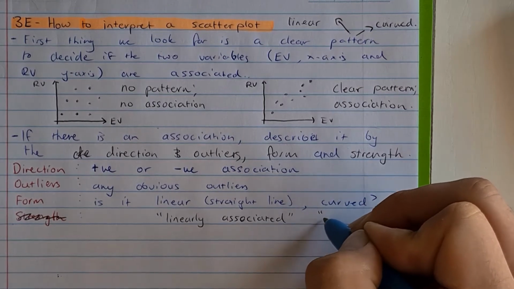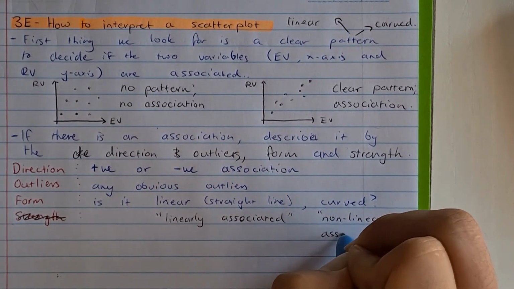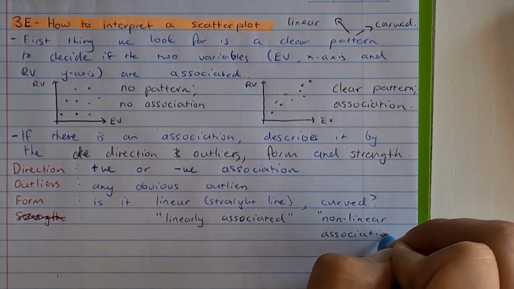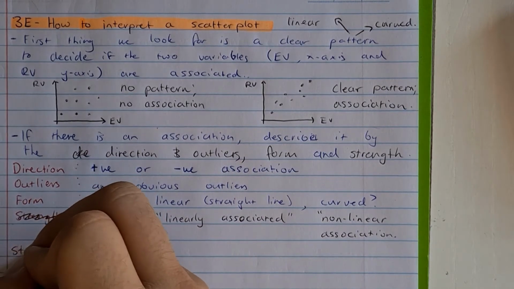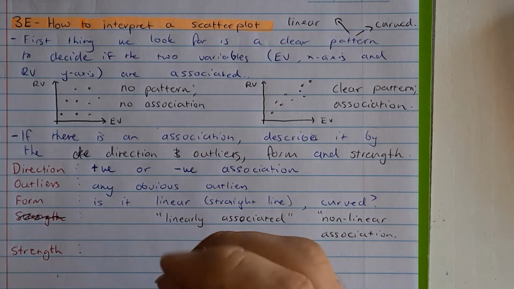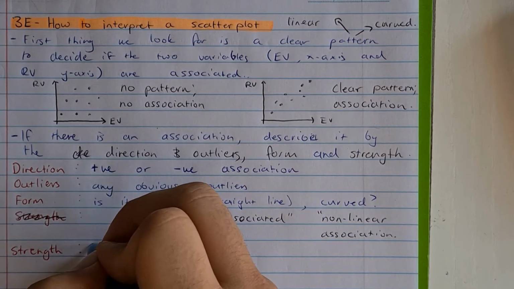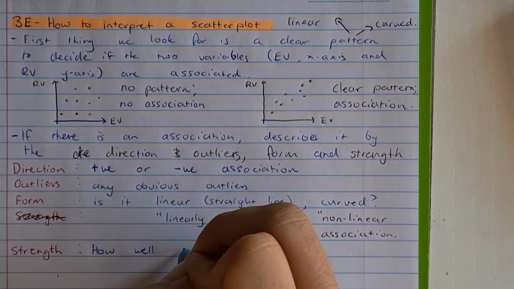And if it's curved, it's a non-linear association. Finally, strength. It only talks about the straight line. We talk about how well does it fit into a straight line.